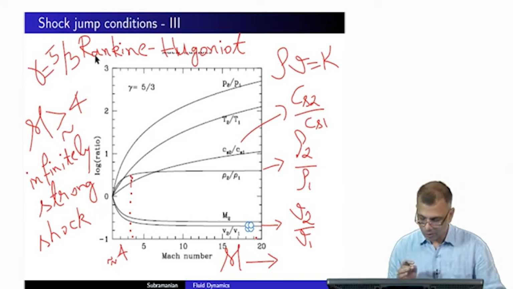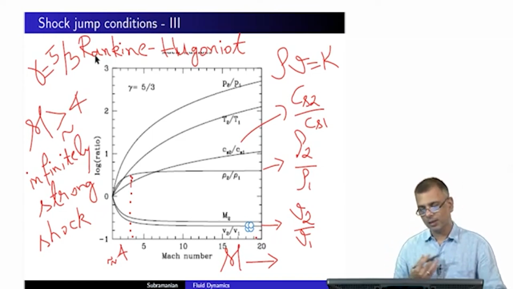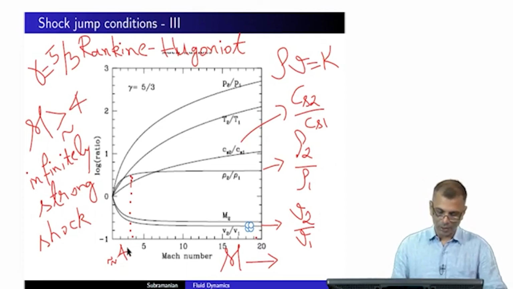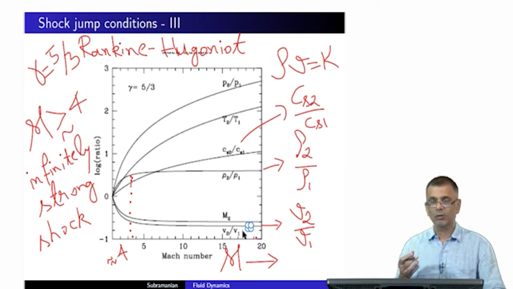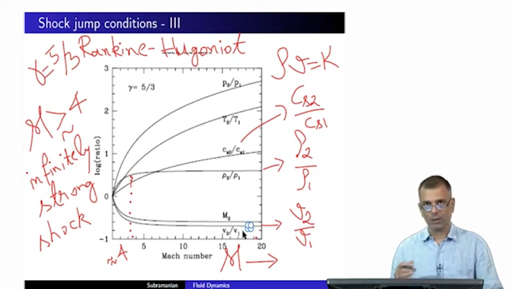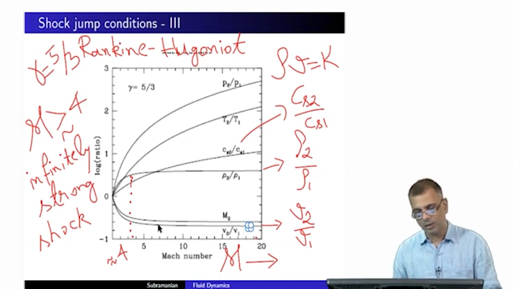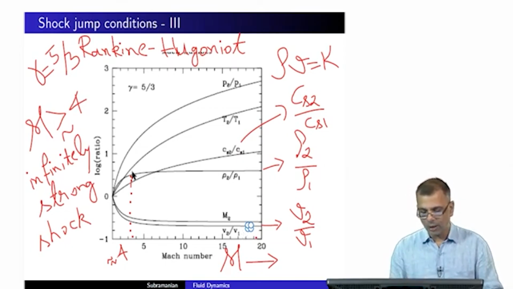So I urge you to stare at this in detail and think about it. And the other thing we said was essentially any Mach number above 4 is essentially an infinitely strong shock. It's not like the strength of the shock is infinite. It's just that as far as the density jump and the velocity jump, which are the two main jumps that are often considered, anything above 4 does not matter.